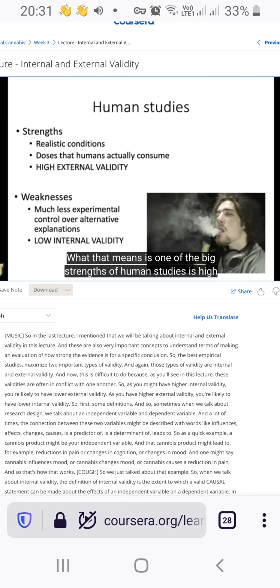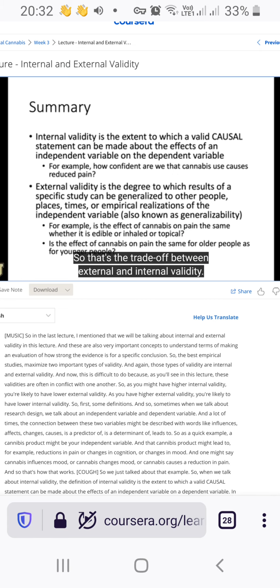What that means is one of the big strengths of human studies is high external validity. Now, weaknesses for human studies, we have less experimental control over alternative explanations, and typically lower internal validity. So that's the trade-off between external and internal validity.